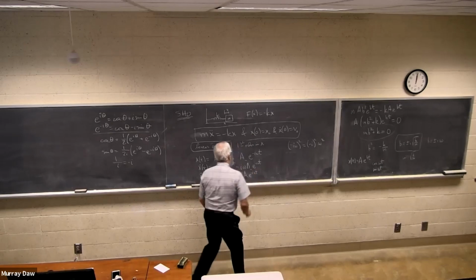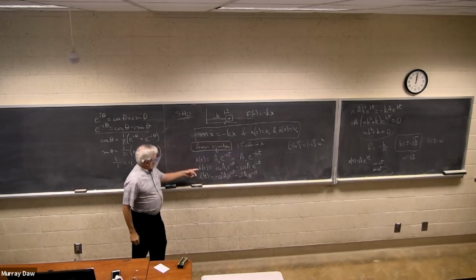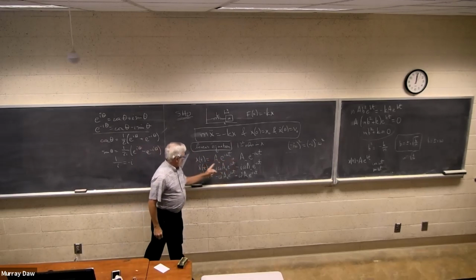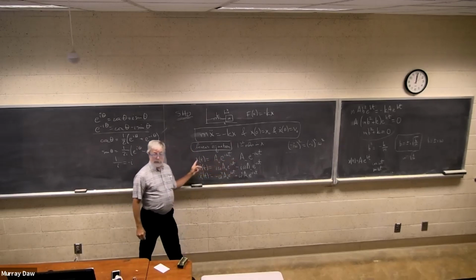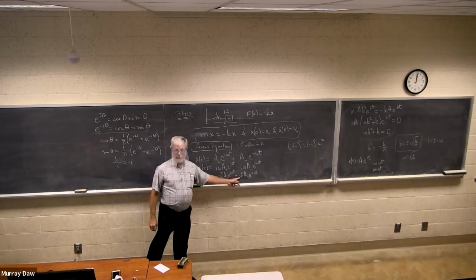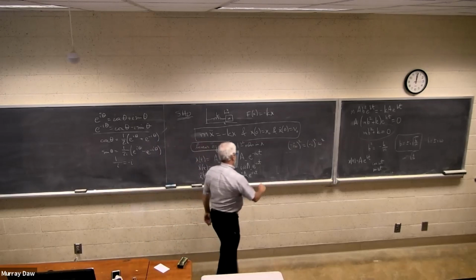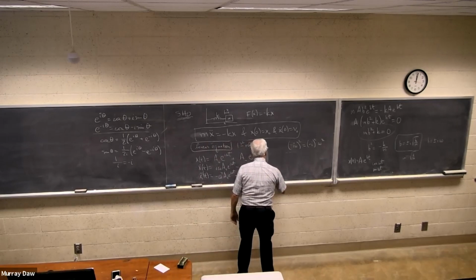Okay, so notice in the second derivative there's a plus sign, and when I take one derivative there's a negative sign, take another derivative and they're both negative. I get the same negative omega squared. So I'm going to pull that negative omega squared out.